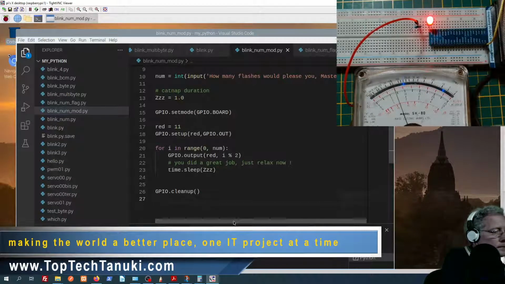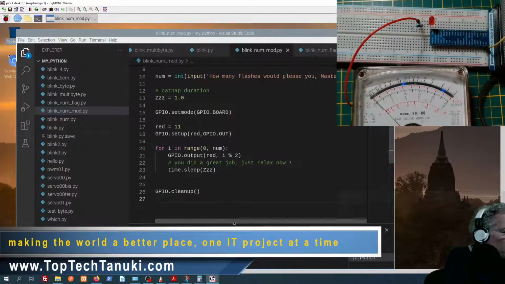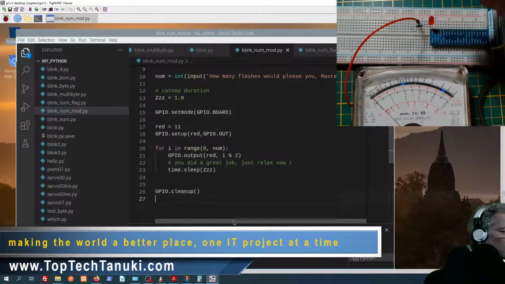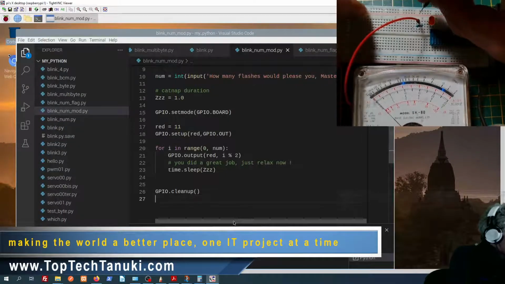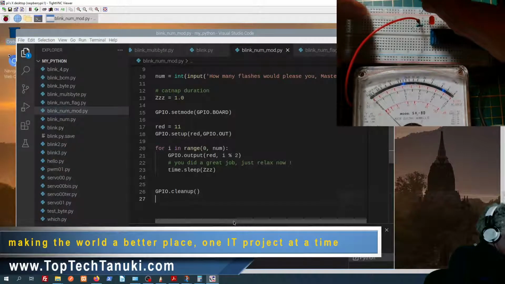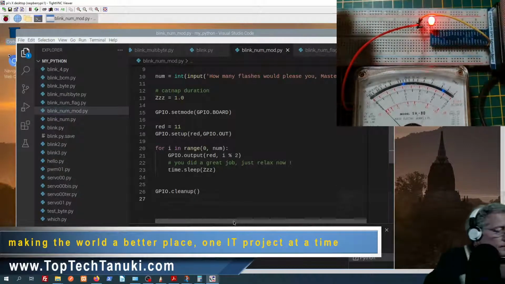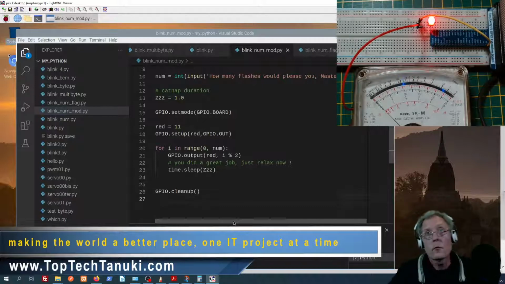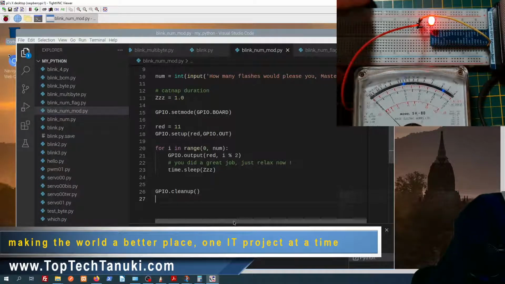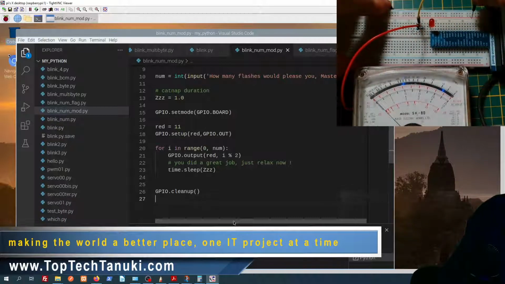Yes, and I will plug this here on the 11th pin. Okay, sorry, I have to get up once again. Where is the 11th pin? Maybe this one.